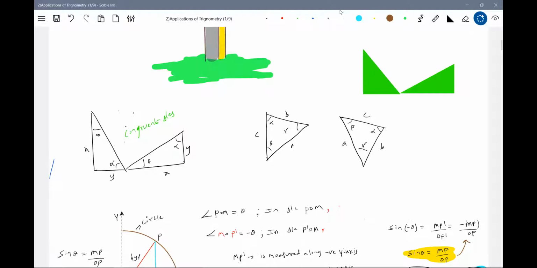If this is X, this will be X. If this is Y, this will be Y. If this is some R, this will be R. If this is angle theta and this is alpha, then this will be alpha and this will be theta. Only the orientation of the triangle changed. Two triangles of the same side lengths and the same angles are said to be congruent.